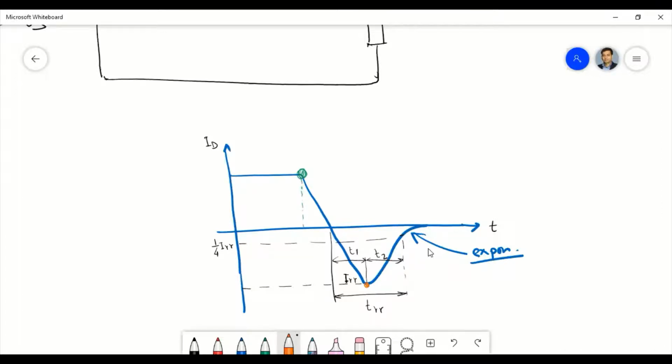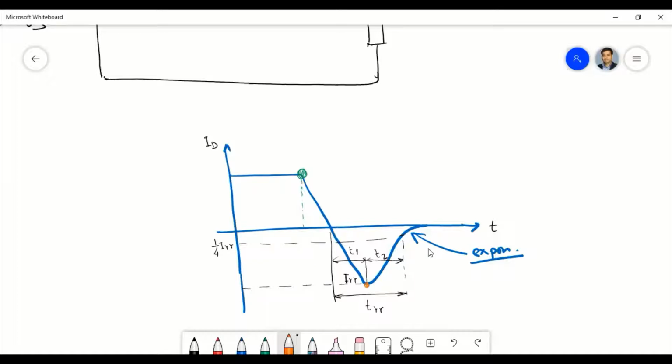Now, if there is some excess carrier in the drift region, which for this case is the N minus region, then the device is still not in reverse bias; it is in forward bias mode.